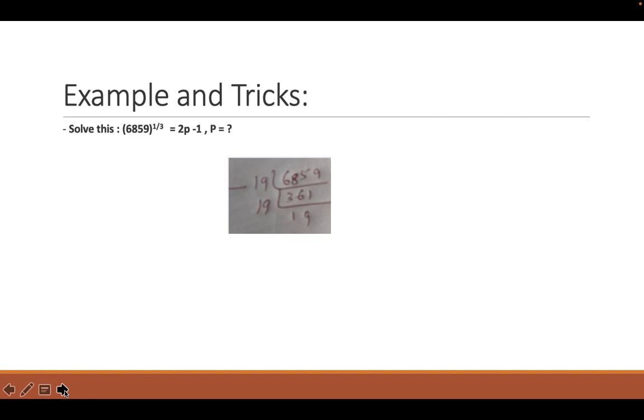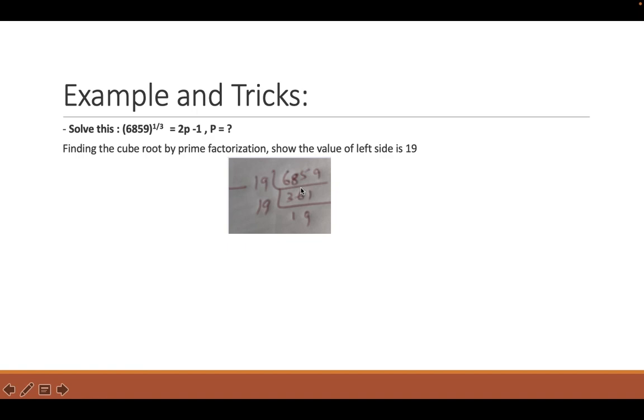So next one, again we will start with the examples and tricks for solving this. It's saying that the cube root of 6859 equals 2p minus 1, then what is the value of p? Now you need to figure out the value of 6859 to the power 1/3. Yeah, if we figure out this number, solving this simple equation would be a piece of cake.